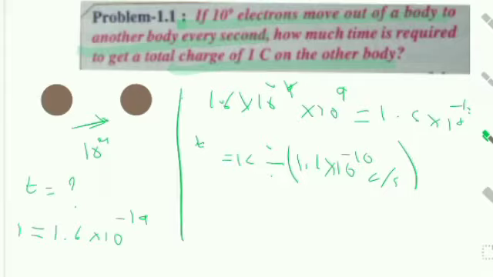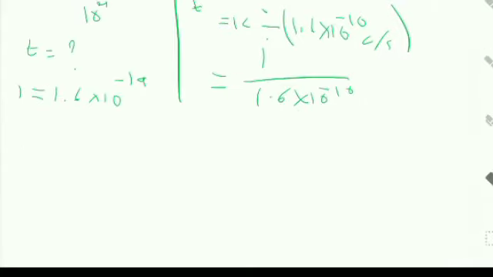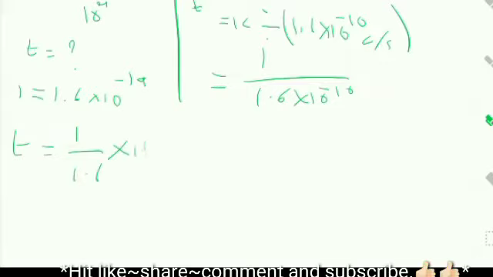Then this value: time is equal to 1 by 1.6 into 10 to the power of minus 10, right?